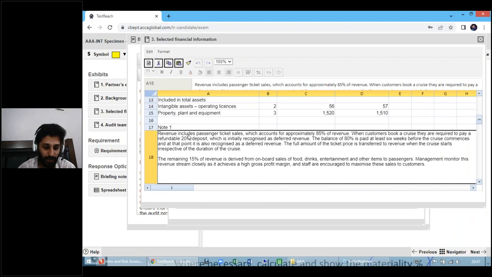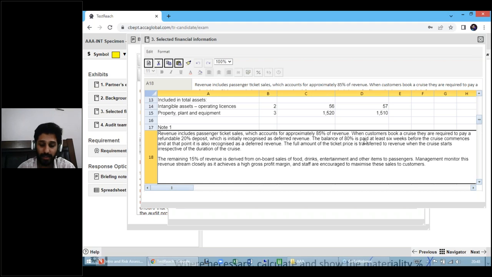Revenue includes passenger tickets, which account for approximately 85% of revenue. When the customer books a cruise, they are required to pay a refundable 20% deposit, which is initially recorded as deferred revenue. Now that's the correct treatment.